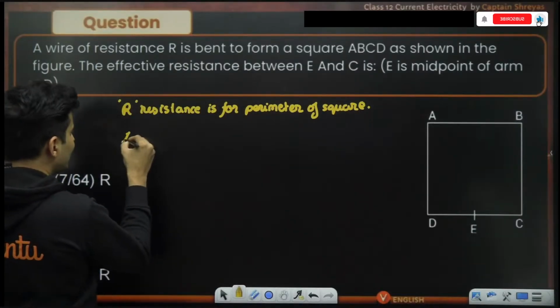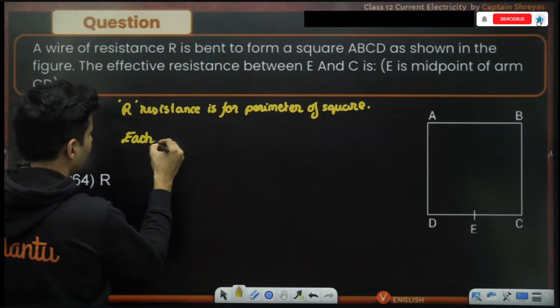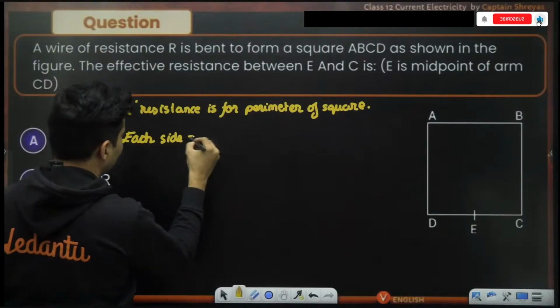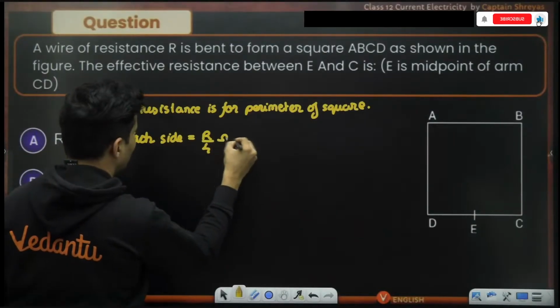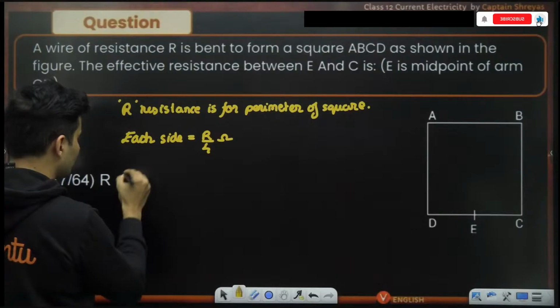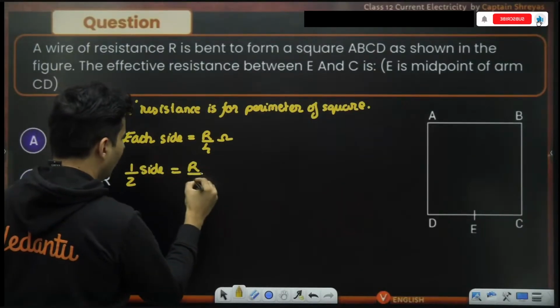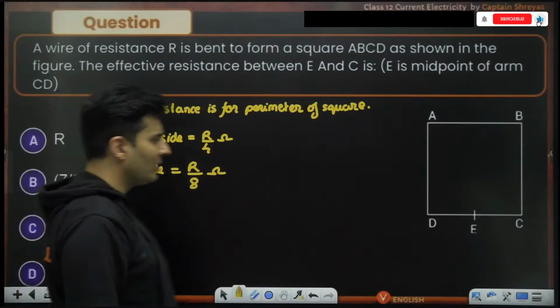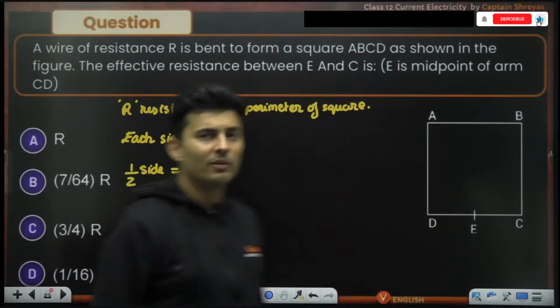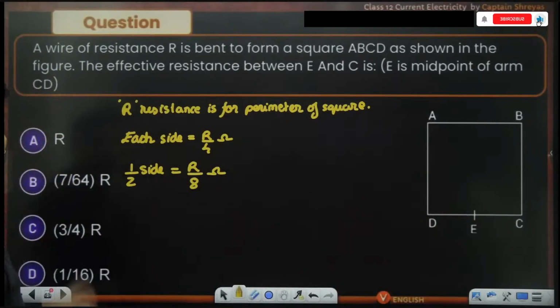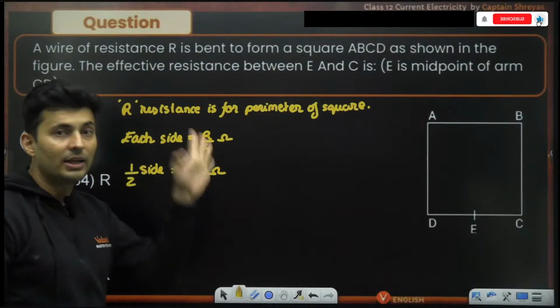So each side of that square will be how much? Each side will be R by 4 ohms. Half of the side will be R by 8 ohms. That is also needed because E is somewhere in the middle of D and C. E is the midpoint, so that's why half the side is R by 8 ohms.